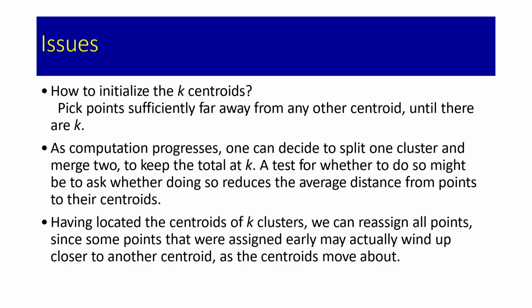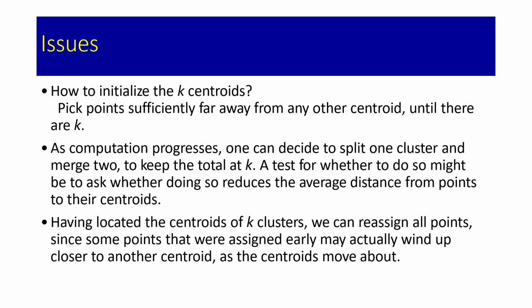So, how to initialize the k centroids? Pick points sufficiently far away from the other centroids, okay, until there are k centroids. This is one way of initializing the k centroids. You can choose points sufficiently far away from each other.